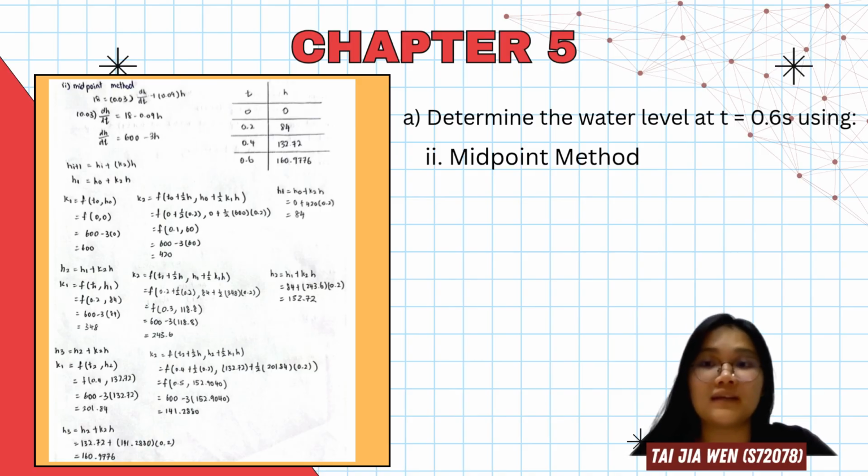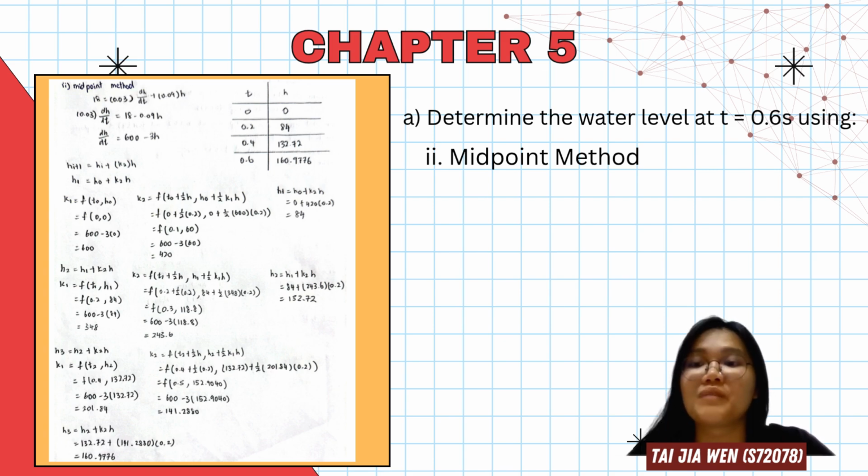So we also draw the table, t equal to 0, 0.2, 0.4 and 0.6. In this method we use the formula k1 equal to f(t0, h0) and also k2 equal to f(t0 plus 1/2 delta t, h0 plus 1/2 k1 delta t), and h equal to h0 plus k2 delta t.